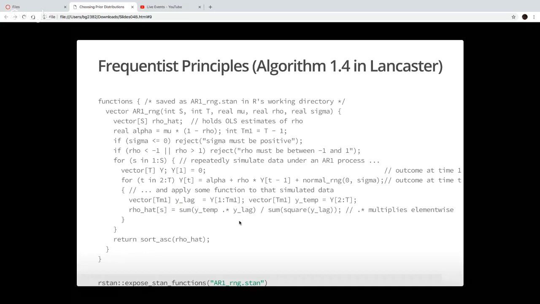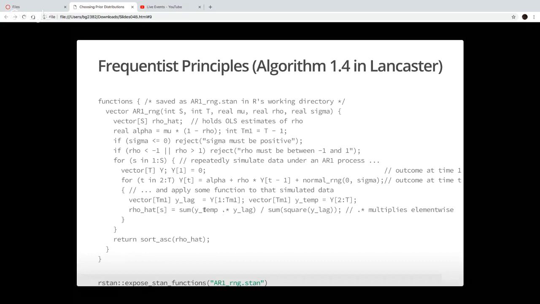In the Stan language, dot star means element-wise multiplication. That's different from R, where you can use just star for element-wise multiplication of two vectors, and you have to use something else, which we'll talk about some other time, for actual matrix multiplication of vectors. In Stan, it's different: dot star refers to element-wise multiplication of vectors, and plain star refers to vector multiplication of vectors, but we're not on vector multiplication of vectors yet.